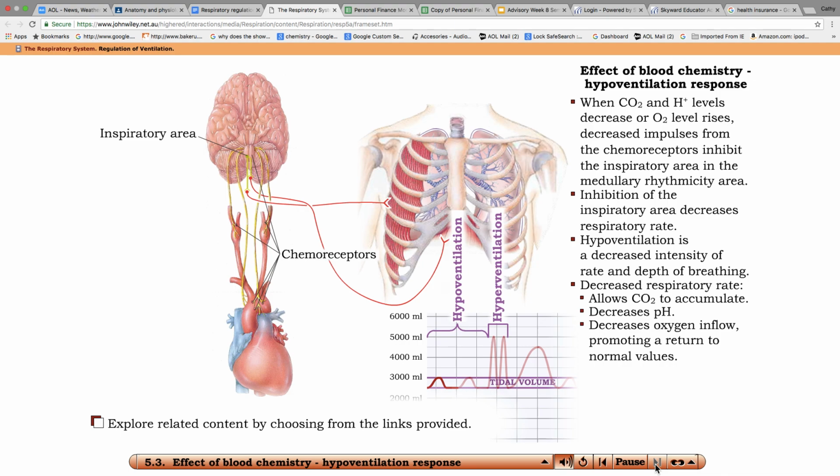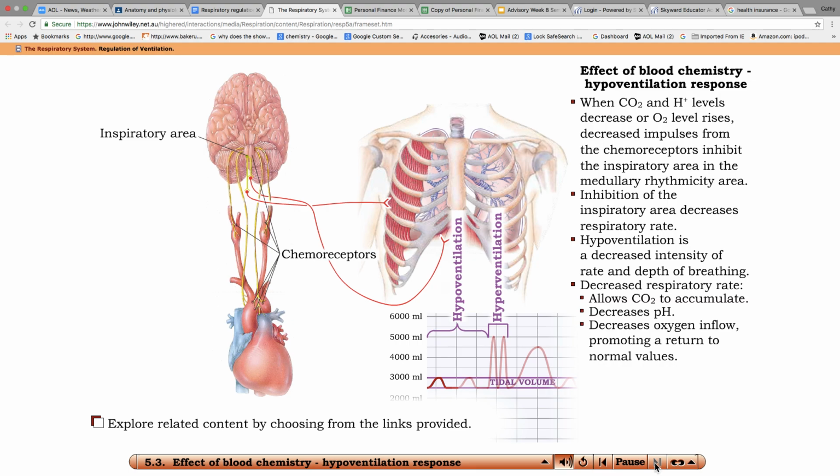So if I have too high levels of CO2, I will begin to breathe more rapidly to get oxygen levels up and CO2 levels down. If I have too low a level of CO2 and too high a level of oxygen, I will begin to actually slow down my breathing. I will try to breathe more deeply. It will try to get you to bring in more oxygen and release more carbon dioxide.